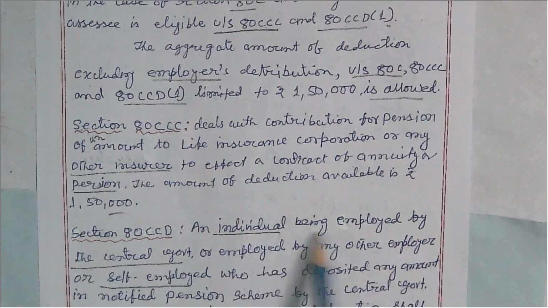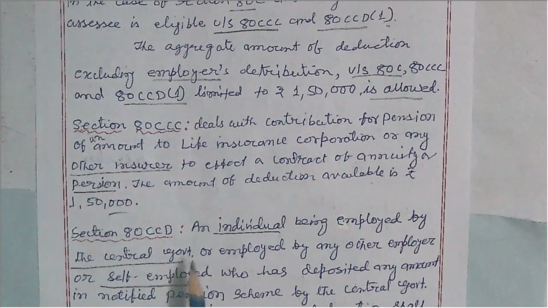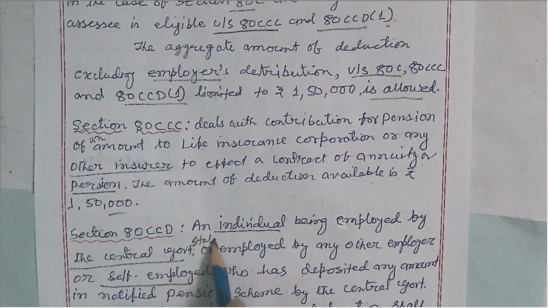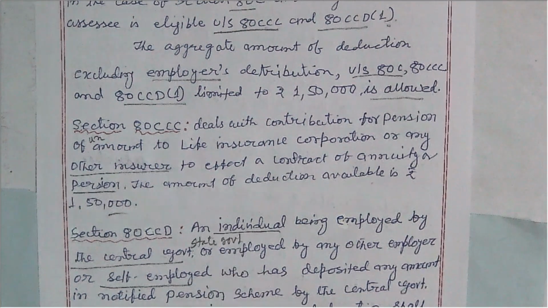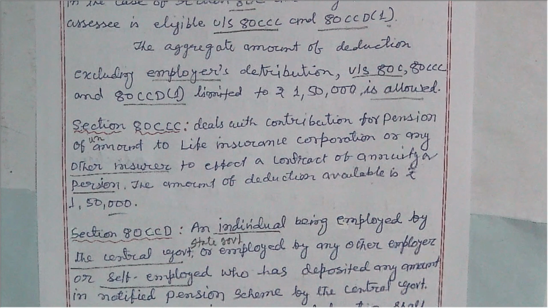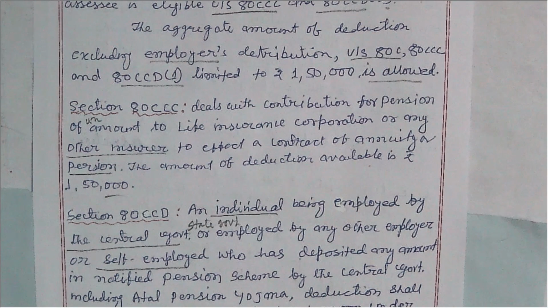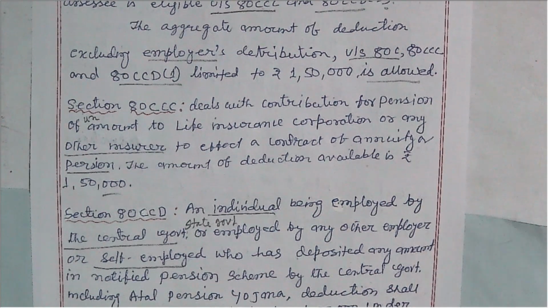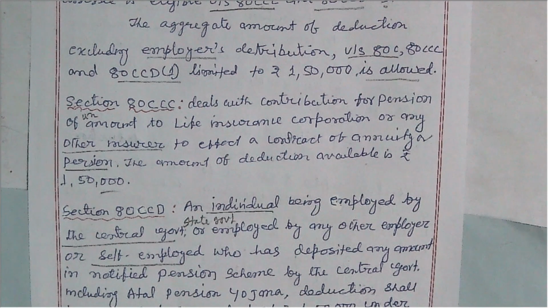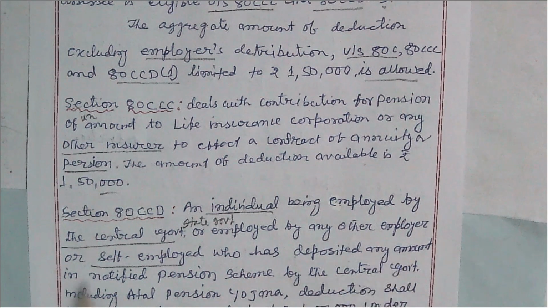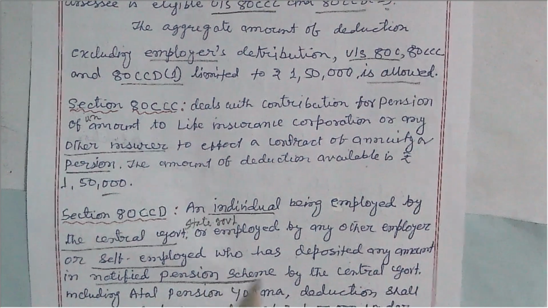Being employed by the central government as well as state government also, or employed by any other employer, meaning employees of a private company or public limited company. Or a self-employed person, that is the entrepreneur who is doing their own business, and who has deposited any amount in a notified pension scheme.